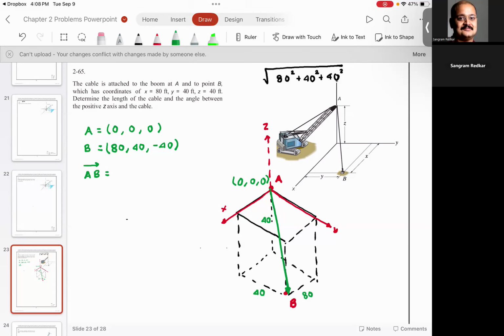First and foremost, why did I move the coordinate system from point B to point A? The reason I moved the coordinate system from point B to point A is because I want to find out the coordinate of B with respect to A.